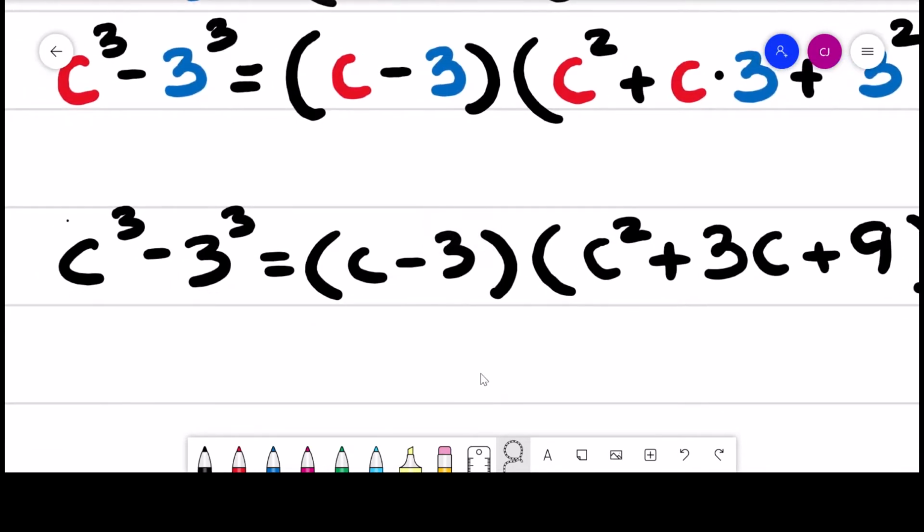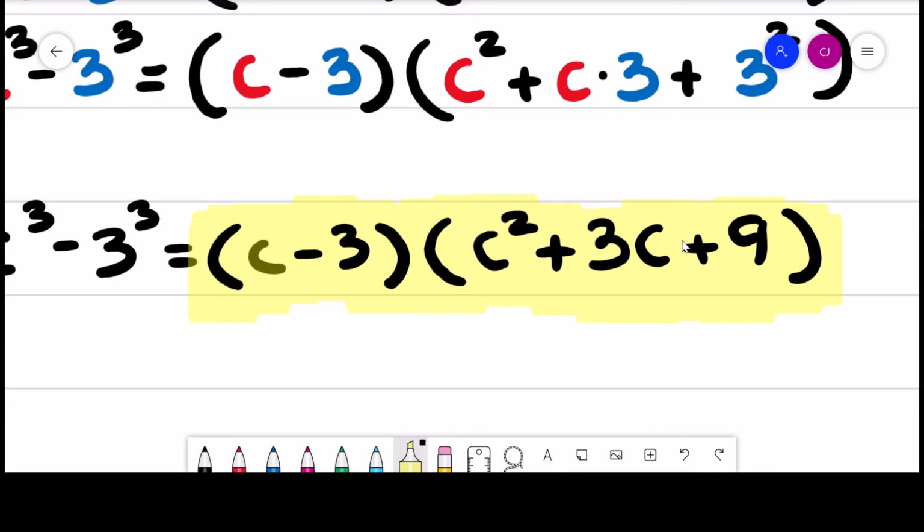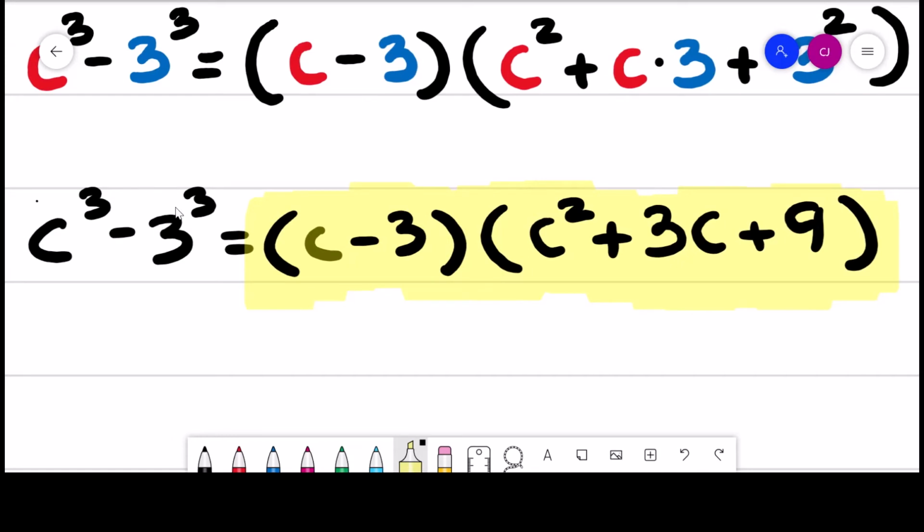Upon using my special factoring pattern of difference of 2 cubes, I was able to factor what originally was C cubed minus 27, and when we rewrote it, we were able to identify our values, and we got C minus 3 times C squared plus 3C plus 9. And this is going to be as factored as you can possibly get when it comes to using the special factoring pattern.